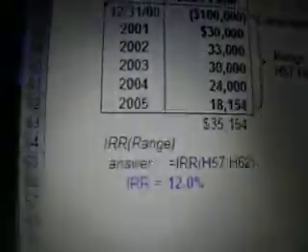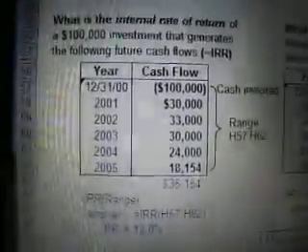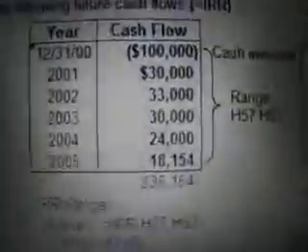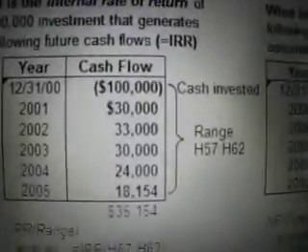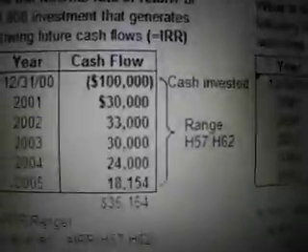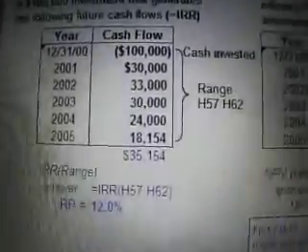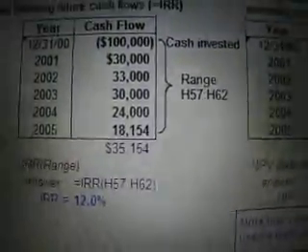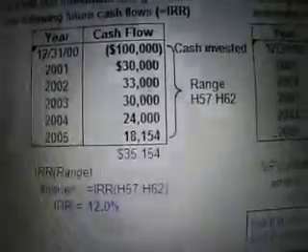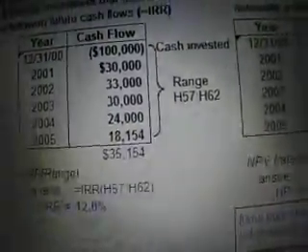So in the first example, on the left side of your screen, if you invest $100,000, then you receive $30,000 in the first year. After 1 year, you receive $33,000 after 2 years, $30,000 after 3 years, $24,000 after 4 years, and $18,000 after 5 years. What is the rate of return that you are going to earn?